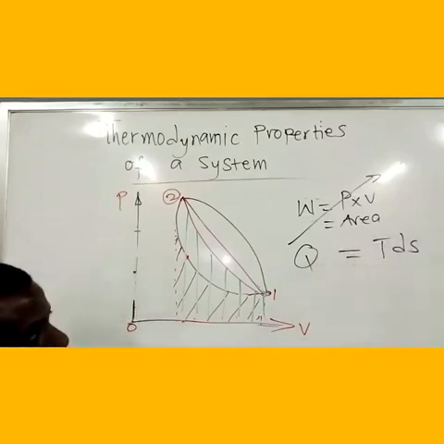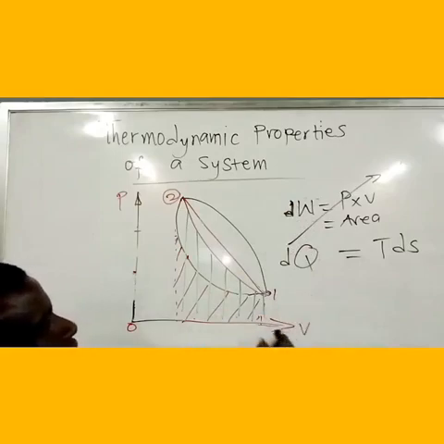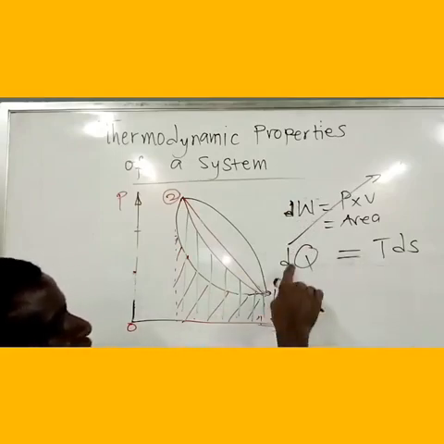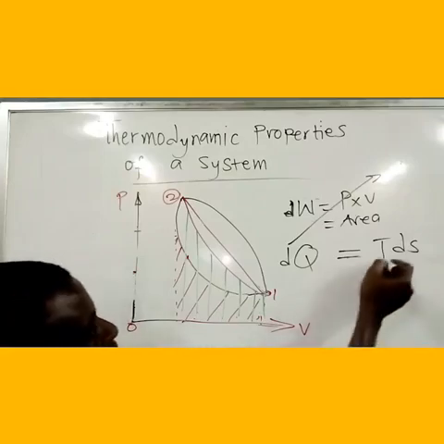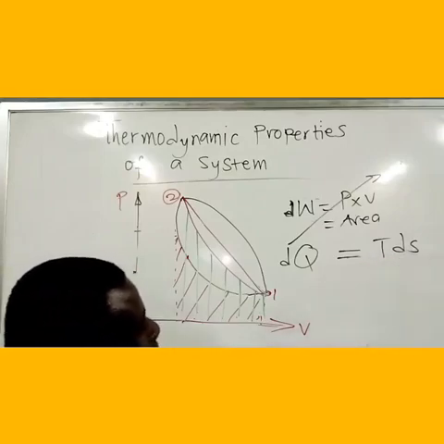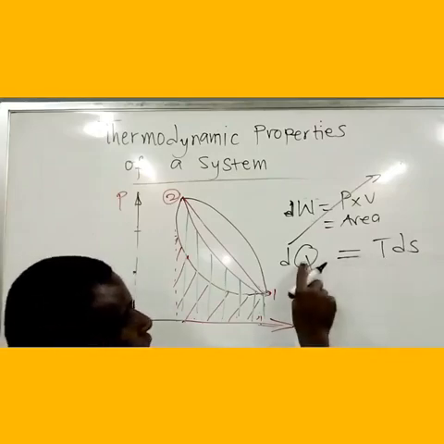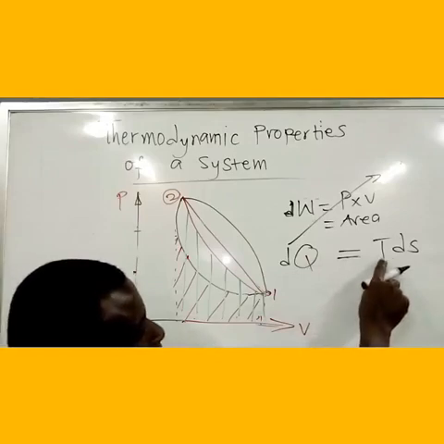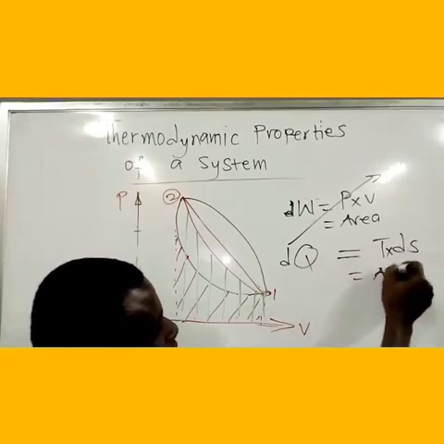So change in heat, or heat, also depends on the temperature and the entropy, which means that this also gives you area.